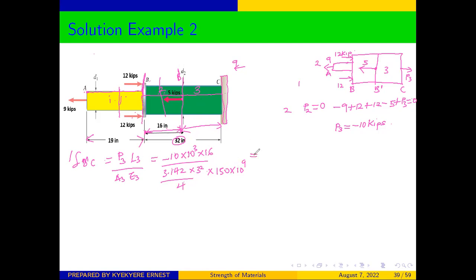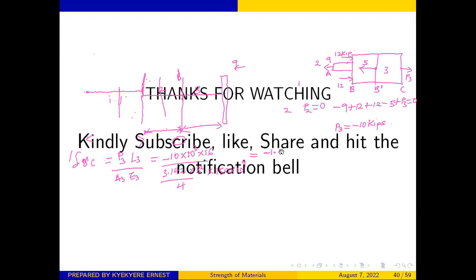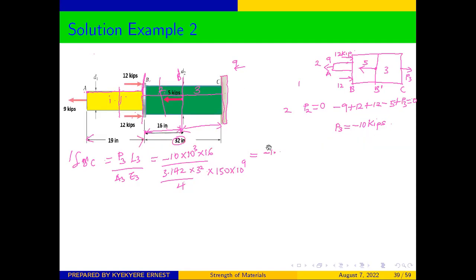And from there, we get our deformation for that section to be negative 1.509 times 10 to the power negative 7 inches.